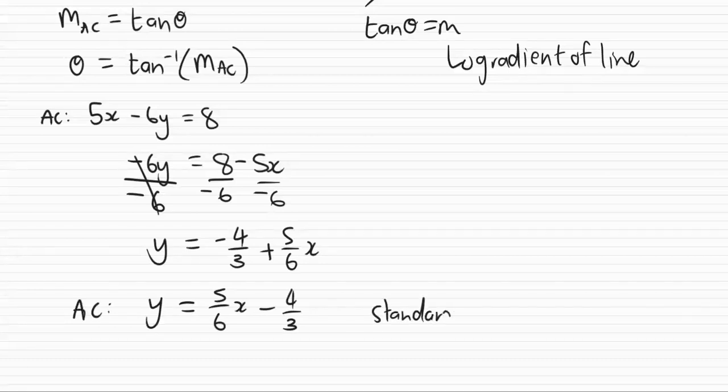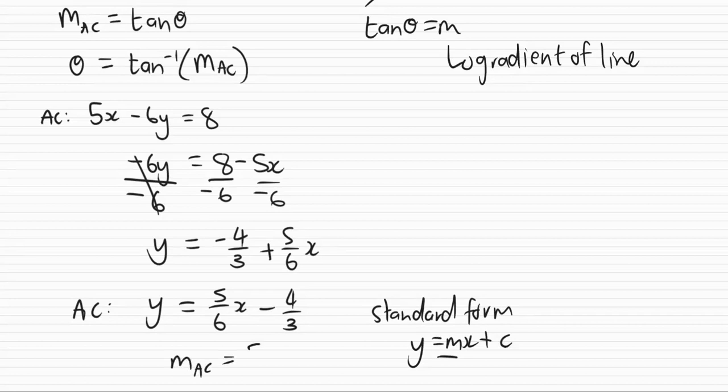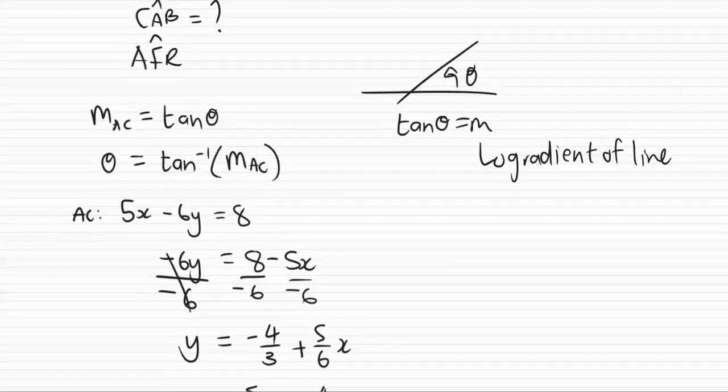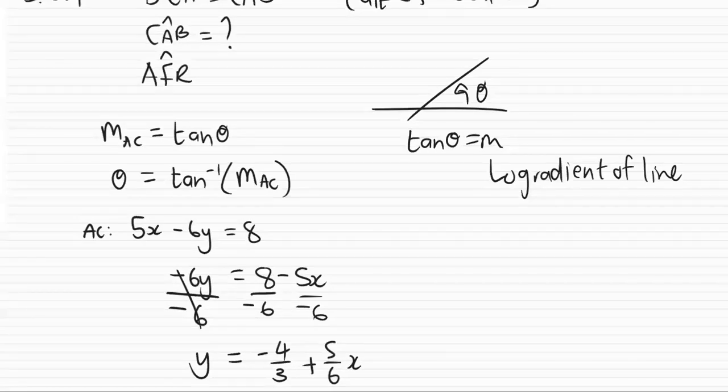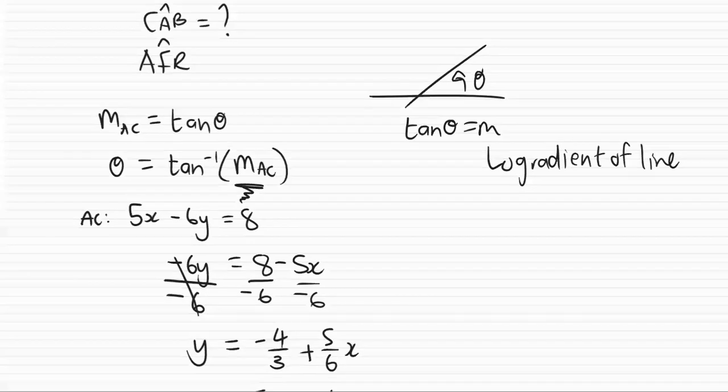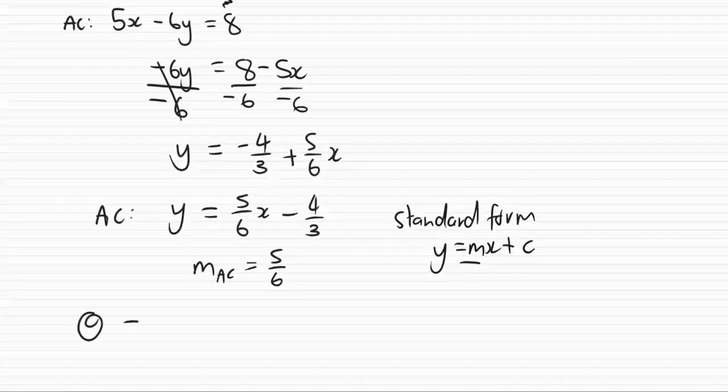Now that it's in standard form, we know that m is equal to 5 over 6. Now we can come back to where we were. Here we had m of AC, so we need theta equals tan to the minus 1 of 5 over 6.